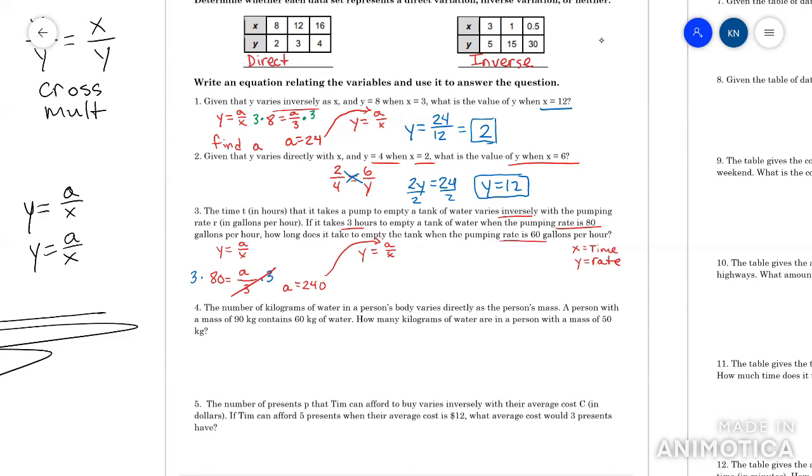They give me another rate. That's a y. So it'd look like this. 60 equals, my a was 240, over x. All right, now you can kind of think of this as a cross multiply if you want. So 60 times x equals 240 times 1, and then you can just divide. So you get x equals 4.